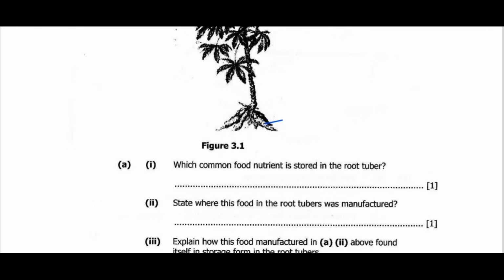Now let's look at question A1. Which common food nutrient is stored in the root tubers? So we have starch here. State where this food in the root tubers was manufactured. So we know that it's the leaves.